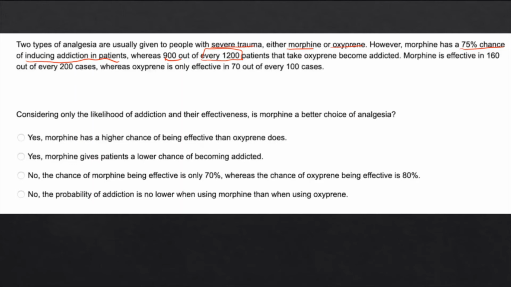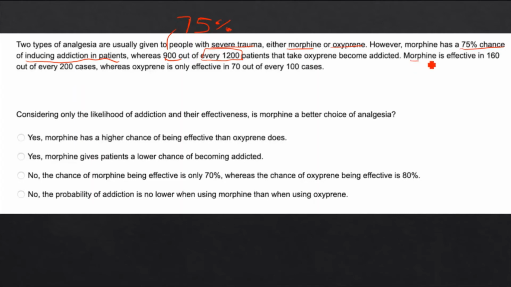So if you're good with your numbers, you would already know that this equates to 75%. You can quickly do that in your calculator, but this is what it equates to. And then you know that this would be the same, so you can just focus on the other one.